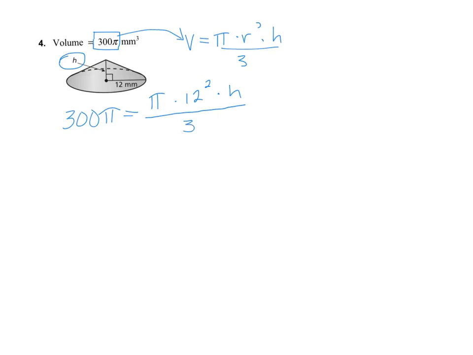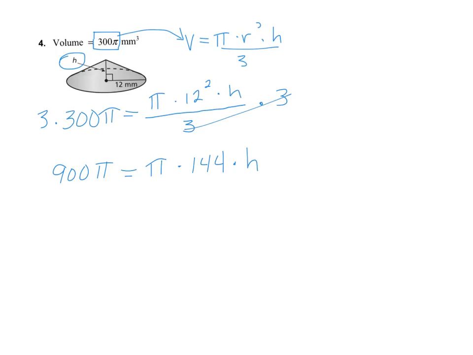divided by 3. And the first thing that I'm going to do is get rid of this dividing by 3. So what's the inverse of dividing by 3? Multiplying by 3. So if I multiply this side by 3 and I multiply this side by 3, I would get 900 pi is equal to pi times 144 times the height.